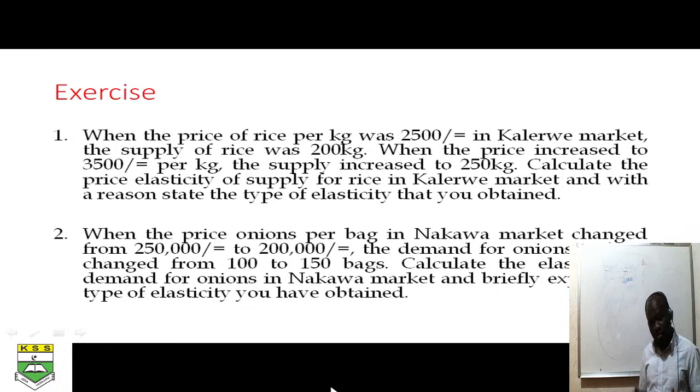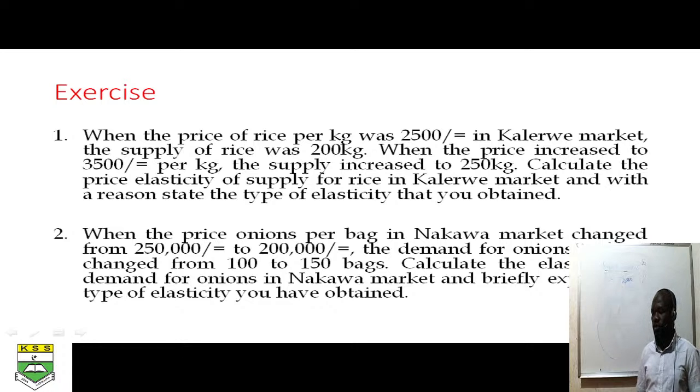When you get a value greater than 1, it means elastic. That means a small change in price caused a big change in the quantity either demanded or supplied. Then when you get a value which is less than 1, it implies that a big change in price caused a small change in the quantity either supplied or demanded.